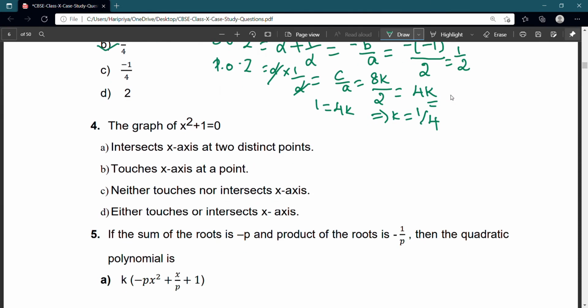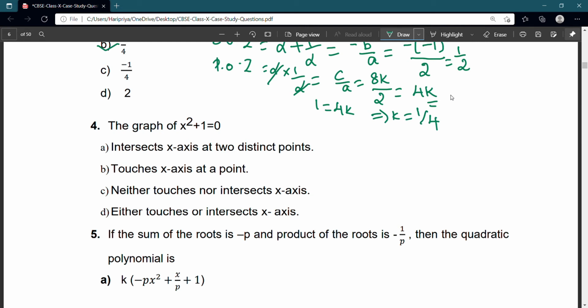Now the fourth question, the graph of x square plus 1 equal to 0. Which intersects x-axis at two distinct points, touches x-axis at a point, neither touches nor intersects the x-axis, or either touches or intersects the x-axis.